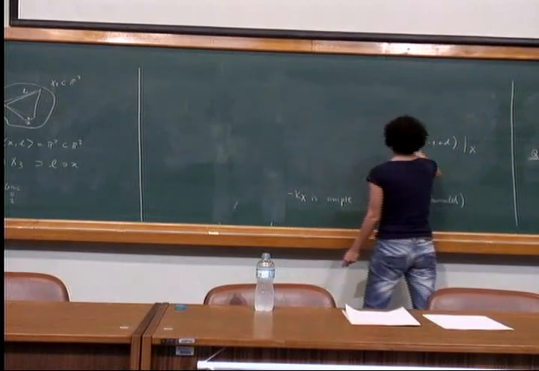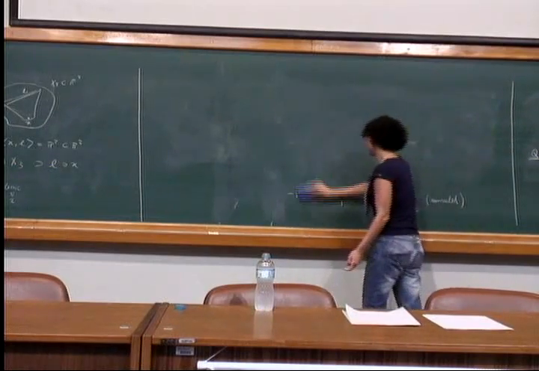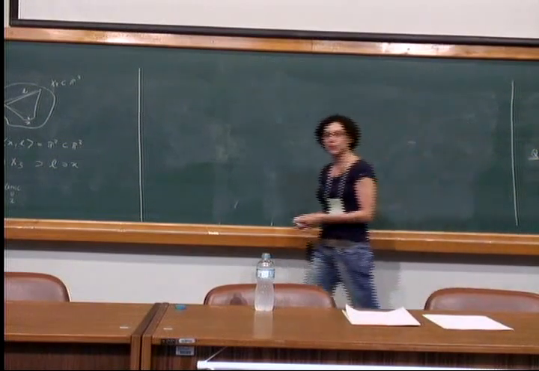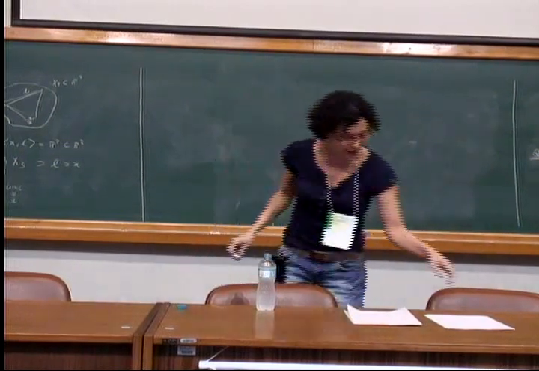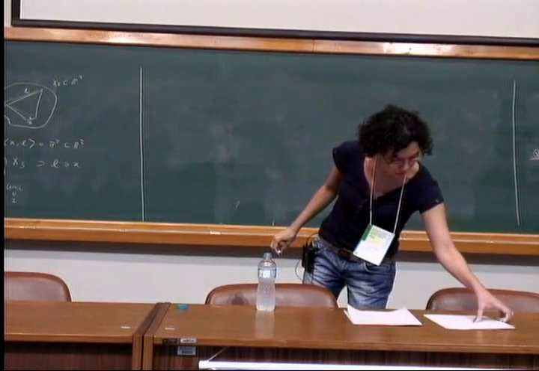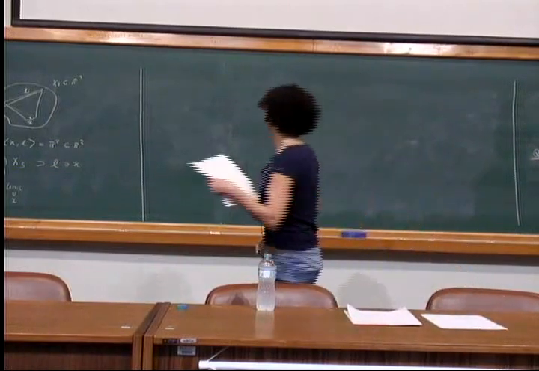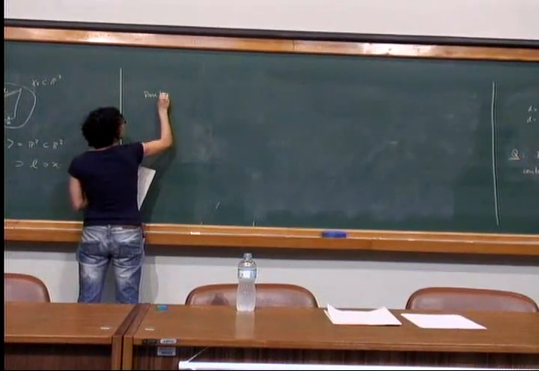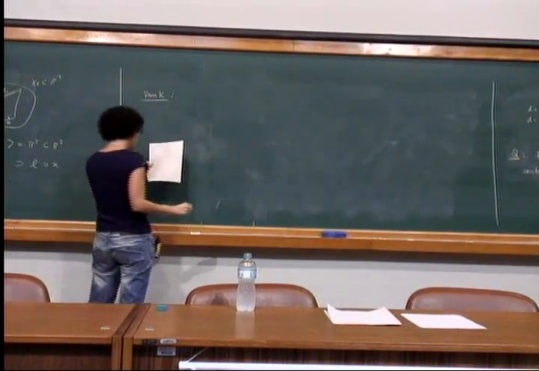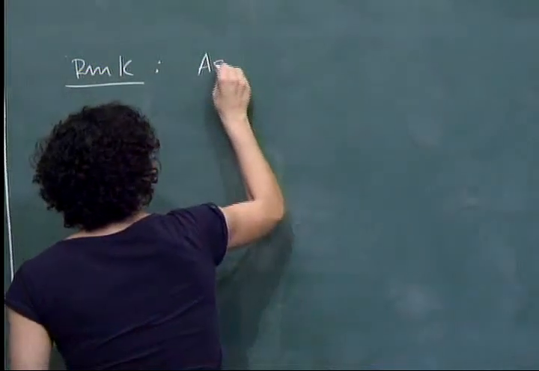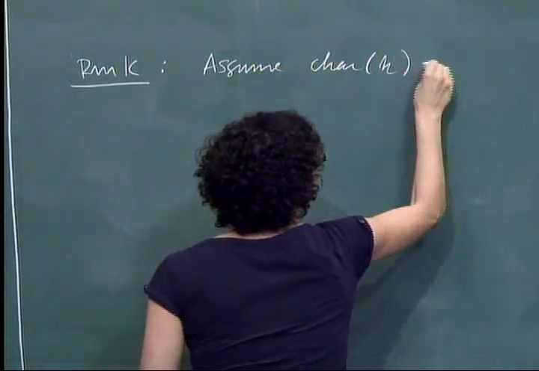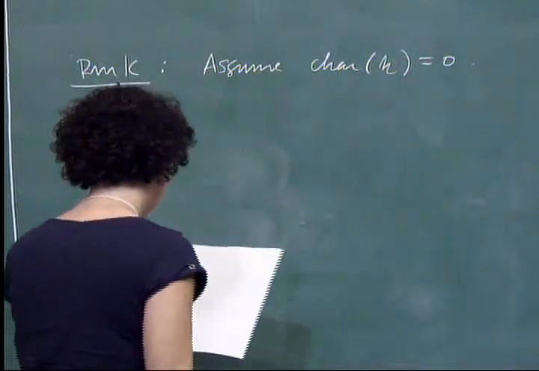Just for completion, I should say that a lot is known about lines on hypersurfaces. So let me just state a theorem that we will not prove, and we will also not need. So, remark. Here we have to assume the characteristic of the base field is 0.